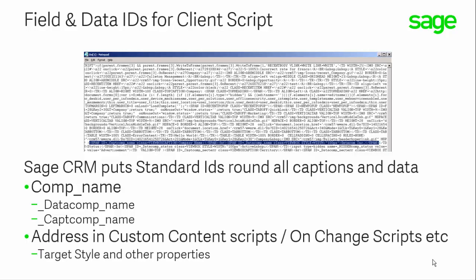Sage CRM puts standard IDs around all captions and data for fields. So comp name, for example, can be identified by saying _data_compname and _capt_compname. And this is an address that can be used by custom content scripts or by OnChange scripts. And we can access the field and any of its properties, and we'll explore this later in the lessons that make up the full sequence of advanced customization lessons.